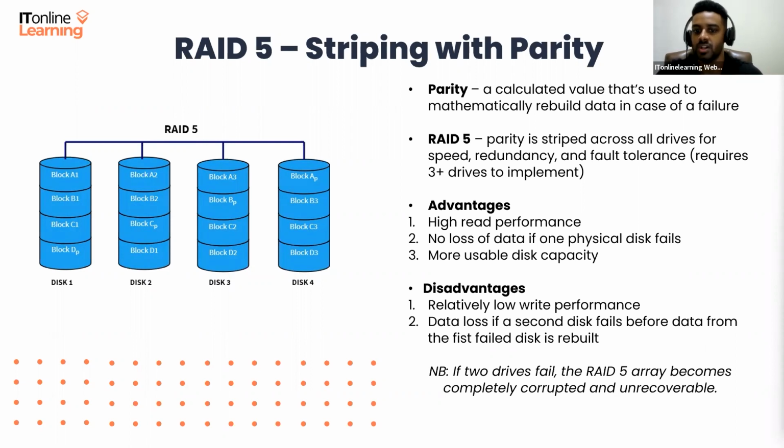The array will continue to work, but the performance will be slower until you replace the failed drive. That's why it's a good strategy to have a spare drive ready and waiting in the array, because sooner or later a drive is going to fail. Keep in mind that if 2 drives fail, the RAID 5 array becomes completely corrupted and unrecoverable.